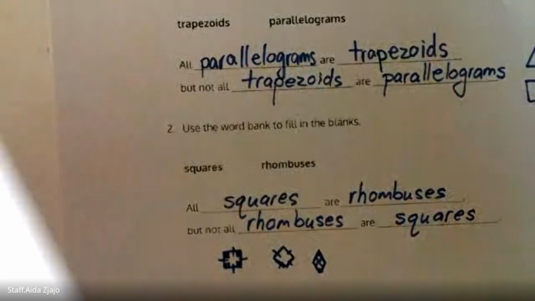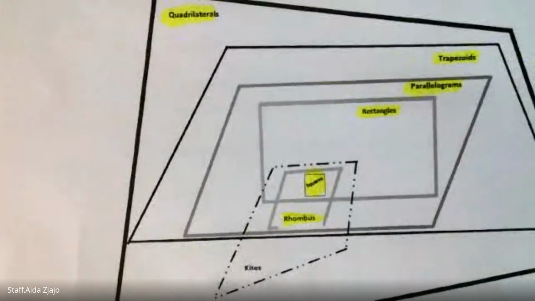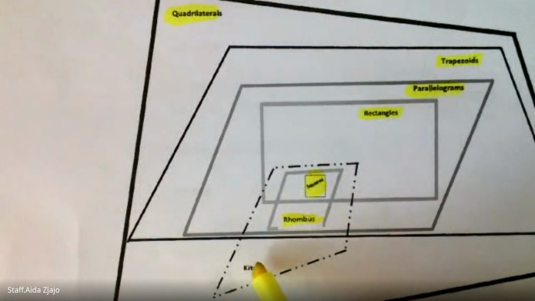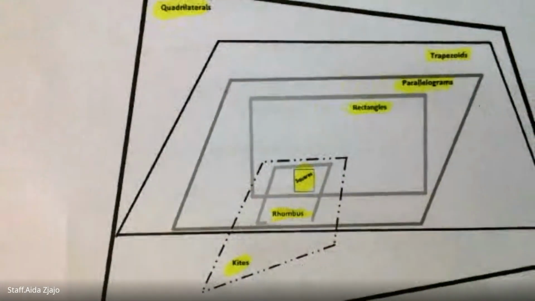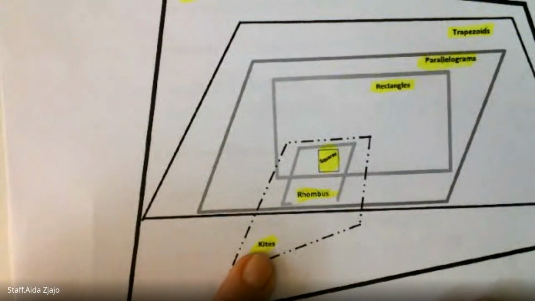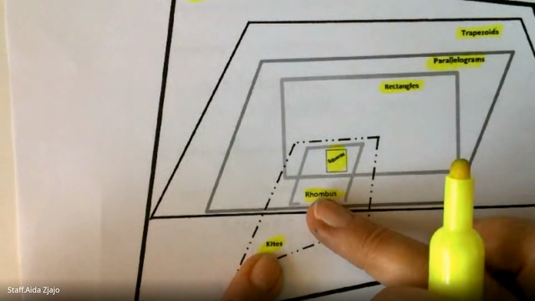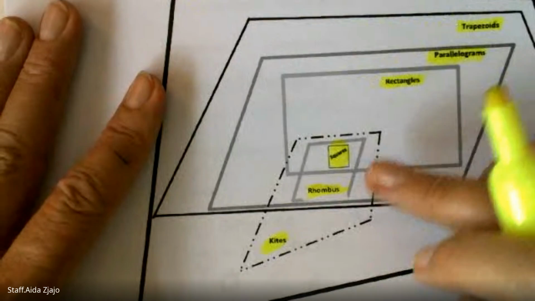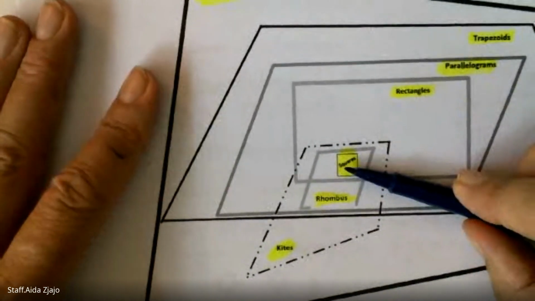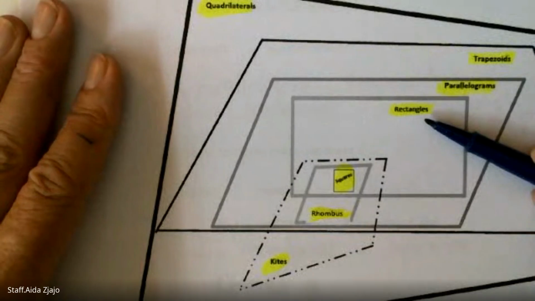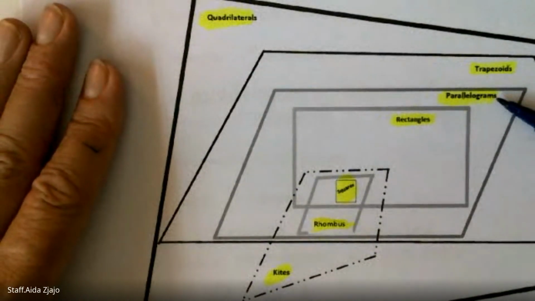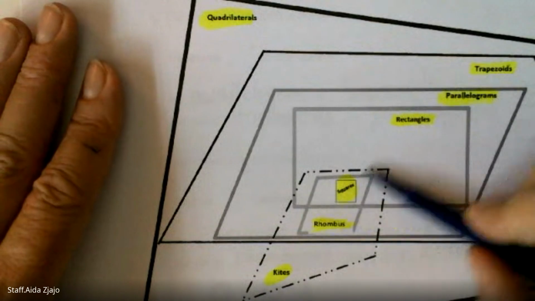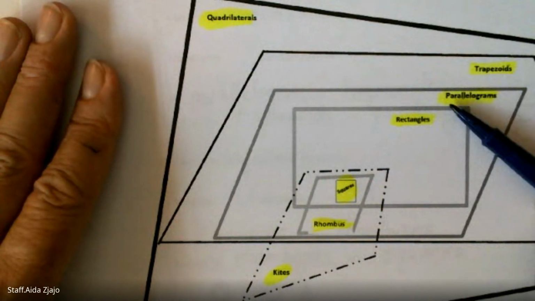I will go back to that sheet. I'm going to show you that a kite has no parallel sides. A rhombus has two parallel pairs. Square has two parallel pairs. Rectangle has two parallel pairs. Parallelograms, all these have two pairs of parallel sides.